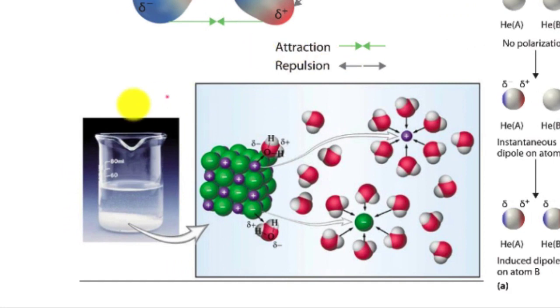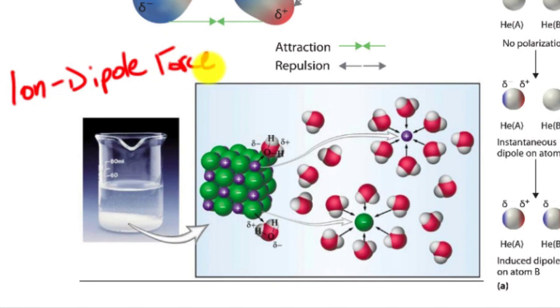Attraction forces can also occur in other ways. We're going to see this in the next chapter on solutions. There's something called an ion-dipole force, which I didn't cover in the last video. An ion-dipole force is when an ion, such as sodium or chloride, is attracted to something that has a dipole. Water is an example.